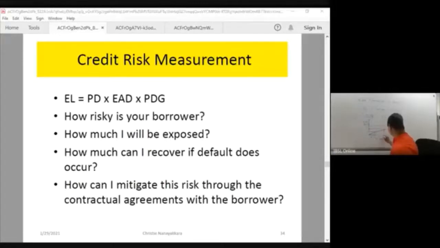And this is where the default occurs. So already he has paid 0.6 million; 1 million minus 0.6 is 0.4 million, which is the outstanding. I told you EL equals probability of default into exposure at default into loss given default. Now, what is the exposure at default? We got 0.4 million.